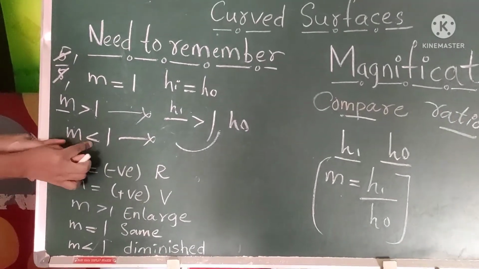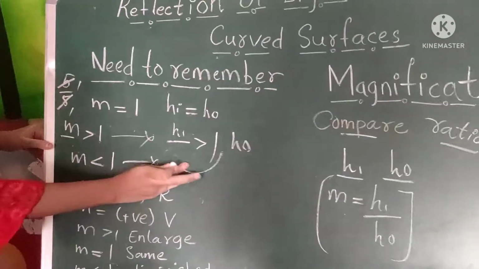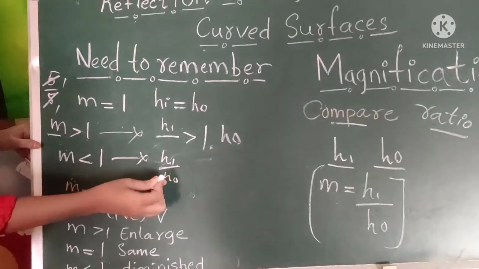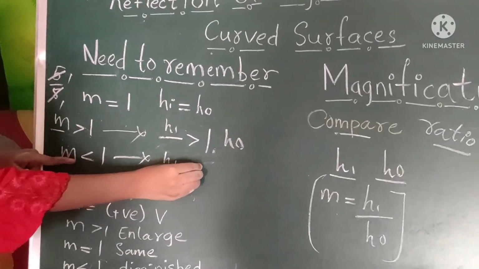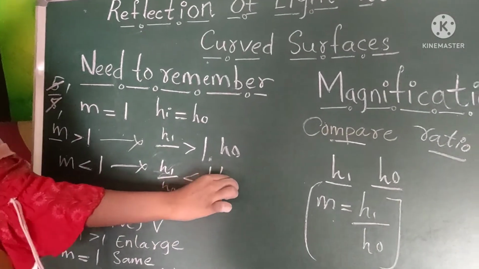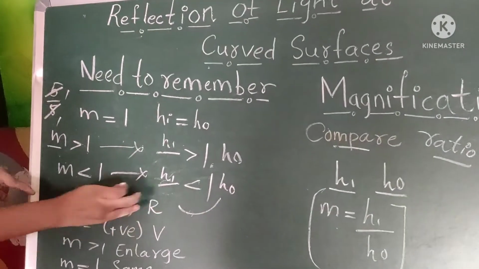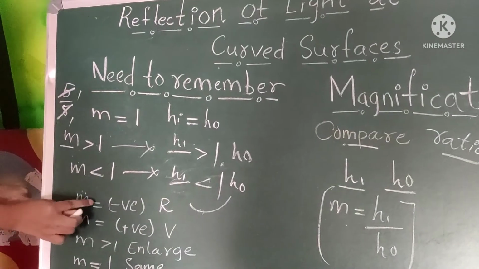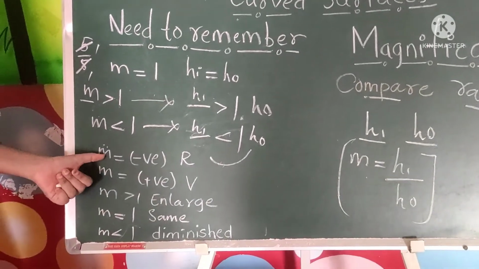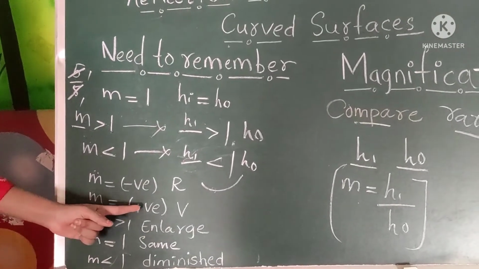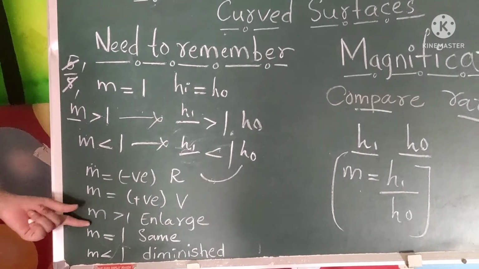Now next one, magnification is less than 1. What happens? Height of image by height of object is less than 1. So height of image is less than height of object. Okay, so we understand this one. So when magnification is negative, it's real. If the magnification is positive, it is virtual.